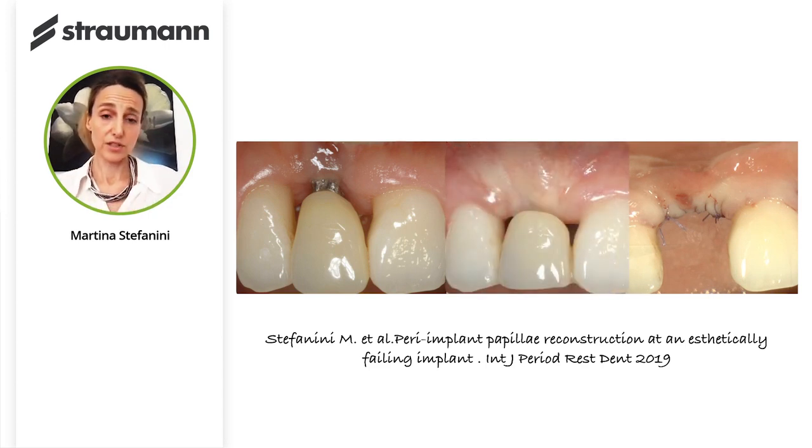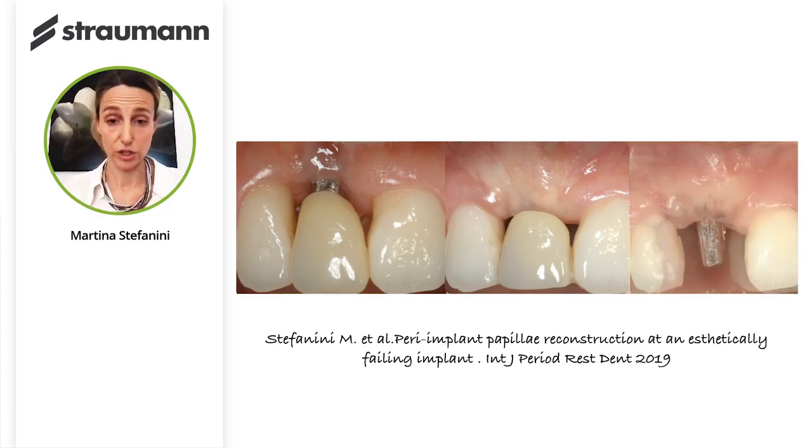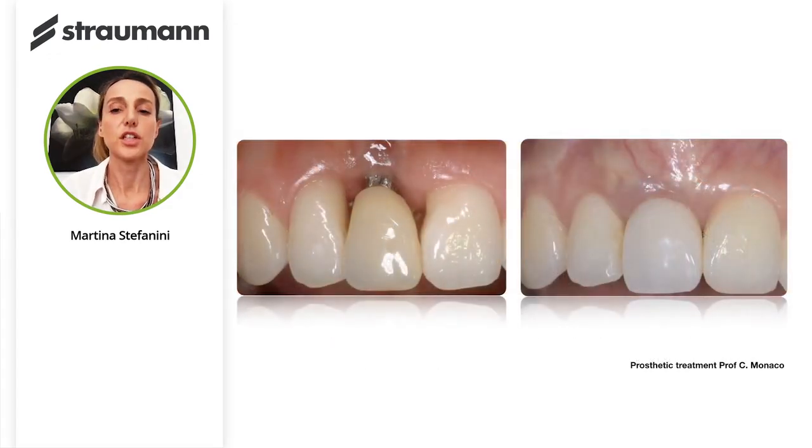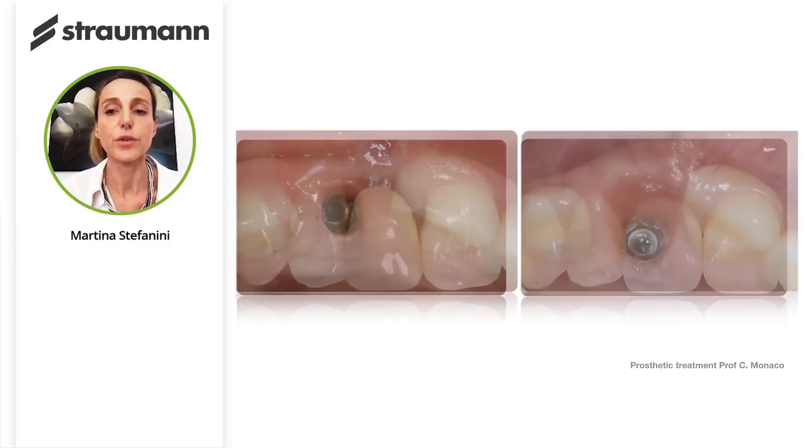And at the end of the surgery, we place a Maryland bridge provisional restoration, which is not in contact with the soft tissue. And then we can start, after undisturbed healing, with the conditioning phase of the soft tissues. And this is the final result after the conditioning phase with the final restoration in place.